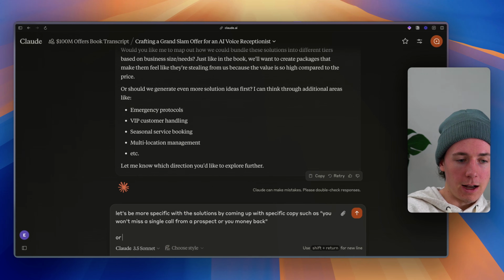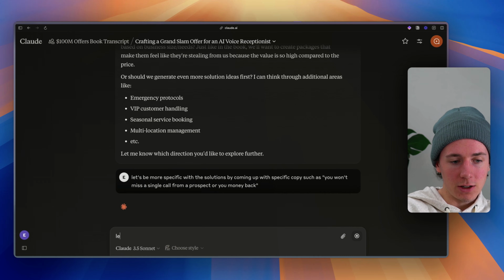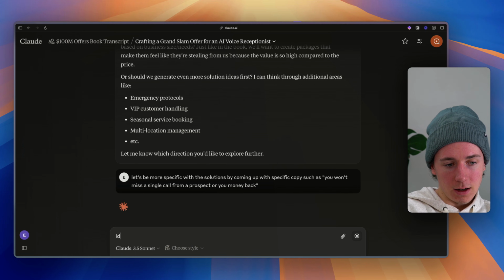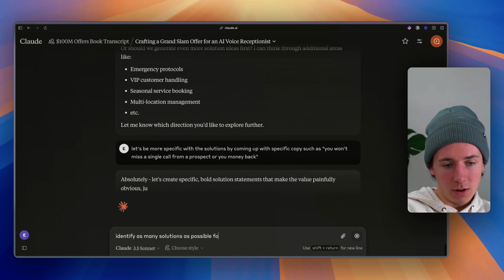All right, so I'm going to let it run this, and then I'm going to say, let's identify solutions. Let's identify as many solutions as possible.